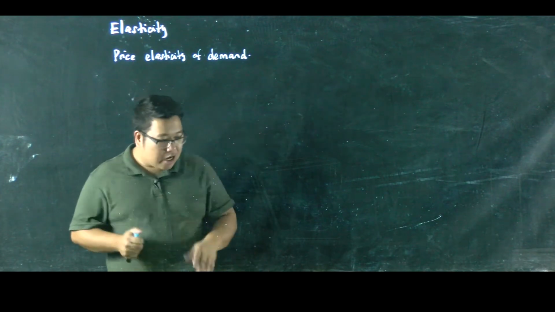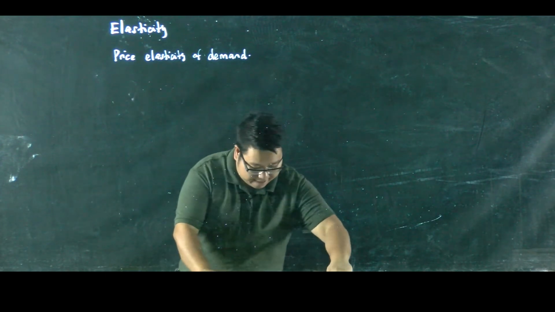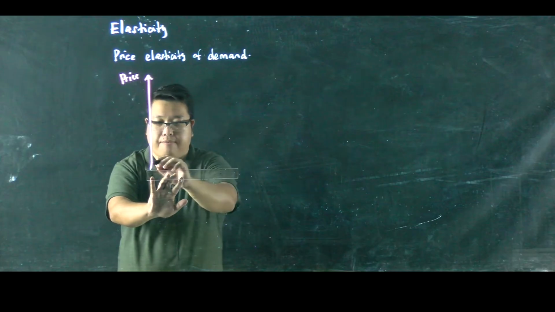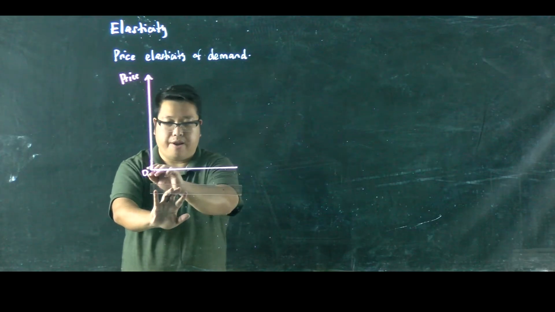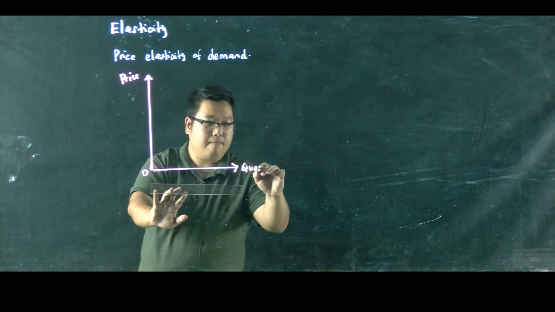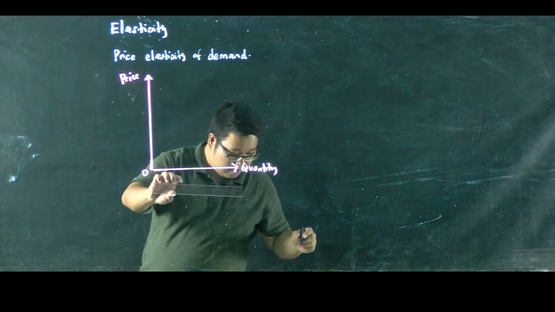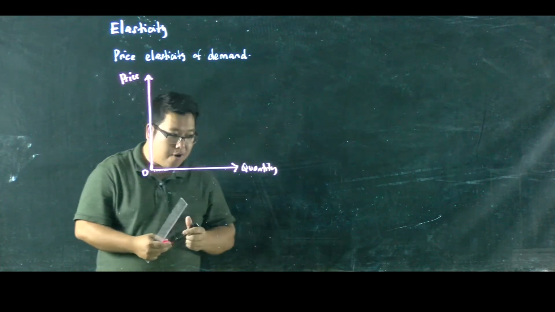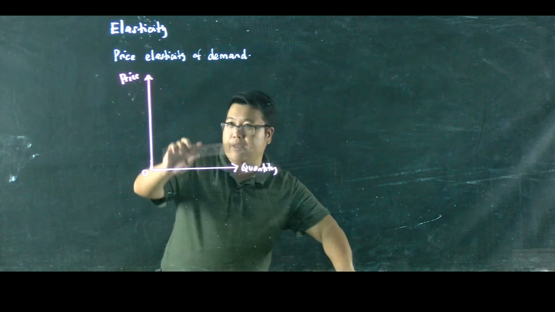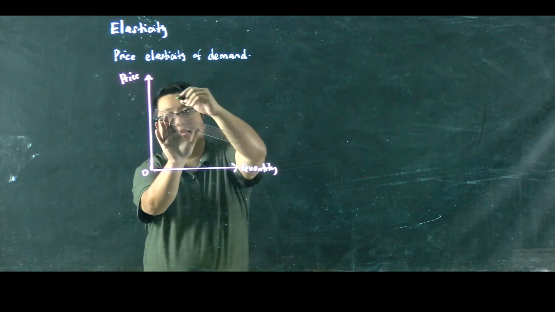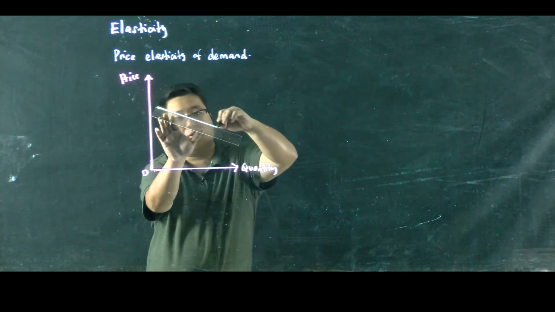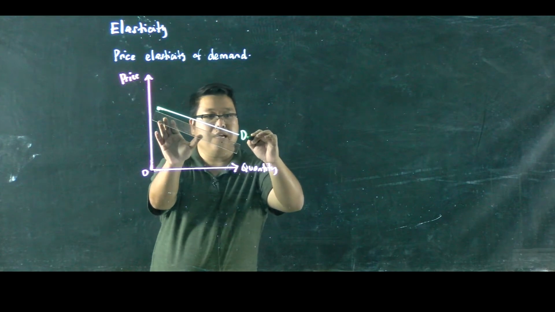To motivate the discussion, let's look at a specific demand curve. We have quantity, and let's say our demand curve looks somewhat like this. I will call this D for demand.